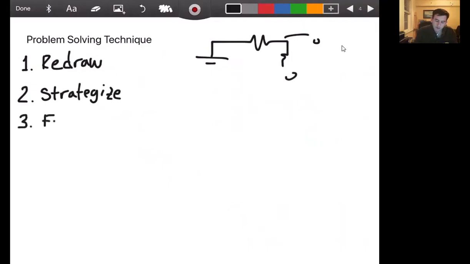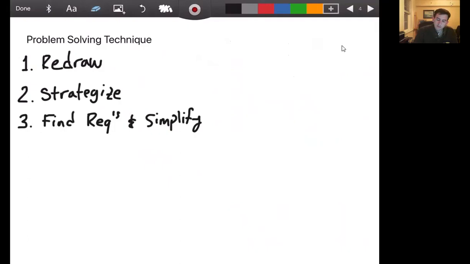Step three is to find your equivalent resistances and simplify your circuit. If you start off with a whole bunch of gobbledygook, you'll find things are much easier to solve for if it's easier on the eyes. So simplifying your circuit, if you have 10 elements in series, make it one simple R equivalent, and things will become easier to strategize.